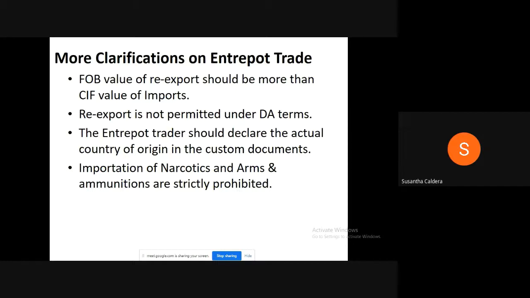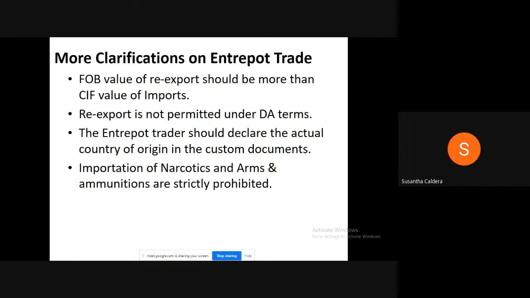That is why this says FOB value of re-export should be more than the CIF value of the imports. If the CIF value of the import is $2, the FOB value of the re-export should be $8. It should be more, right?